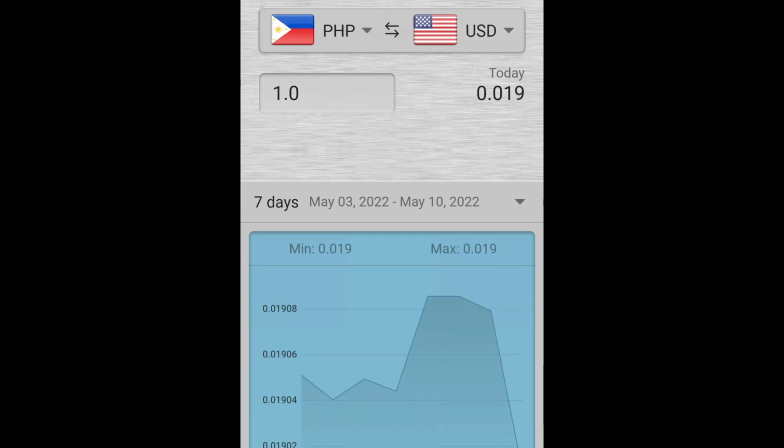If we interchange it to PHP to USD, we have this data. 1 Philippine peso is equivalent to 0.019 US dollar as of today.